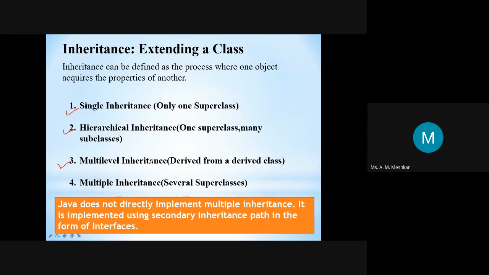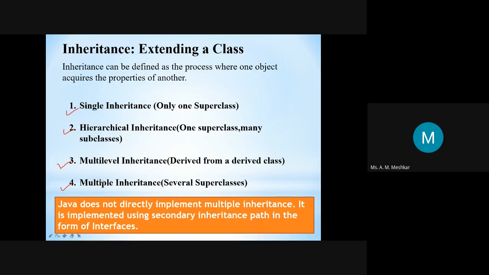Multi-level inheritance, where there is level by level inheritance, meaning we have one base class, from that we inherit another class, from that derived class we again inherit one new class. So deriving a class from an already derived class is multi-level inheritance. And then multiple inheritance, where there are several superclasses from which you inherit a new class.